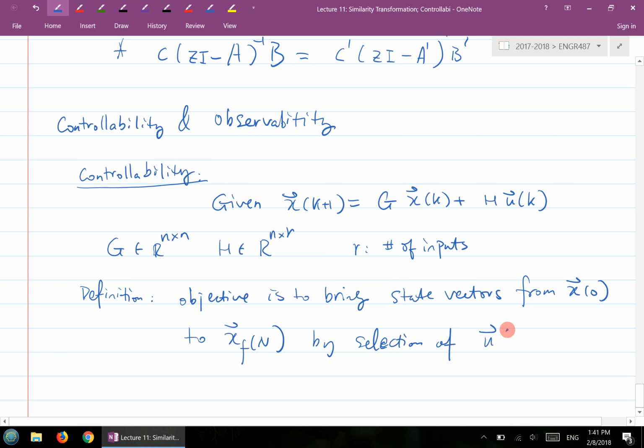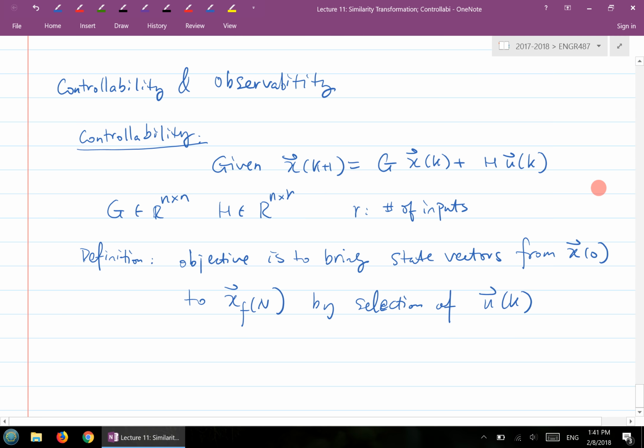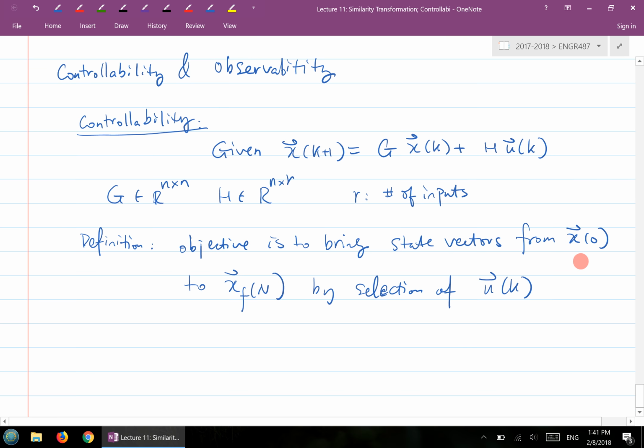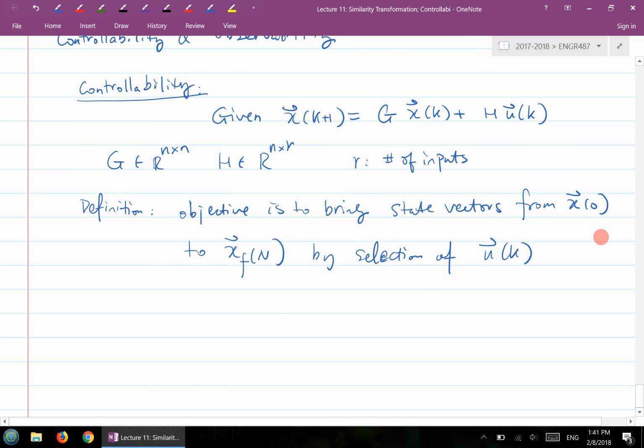It's maybe not the best word, but by giving appropriate control input into the system. So the point here is that I could ask differently: for what type of control input u of k can you bring this x of 0 to xf here? That makes sense? That's essentially what controllability is.